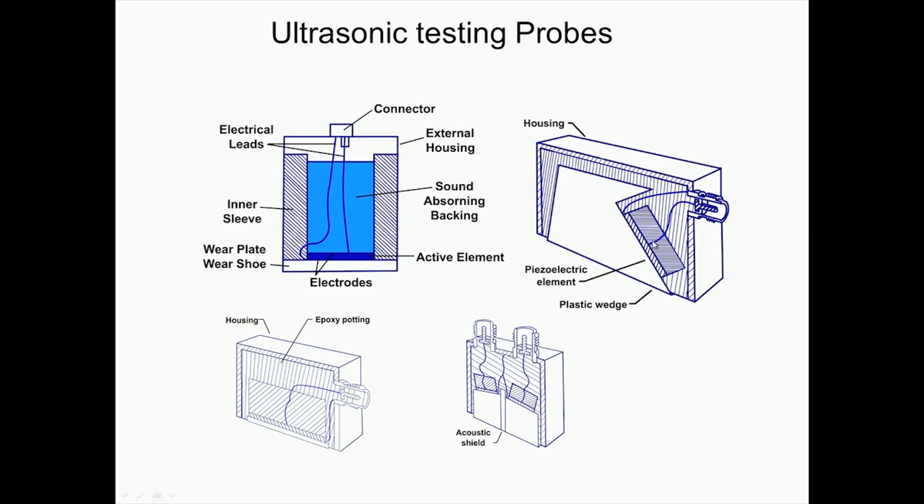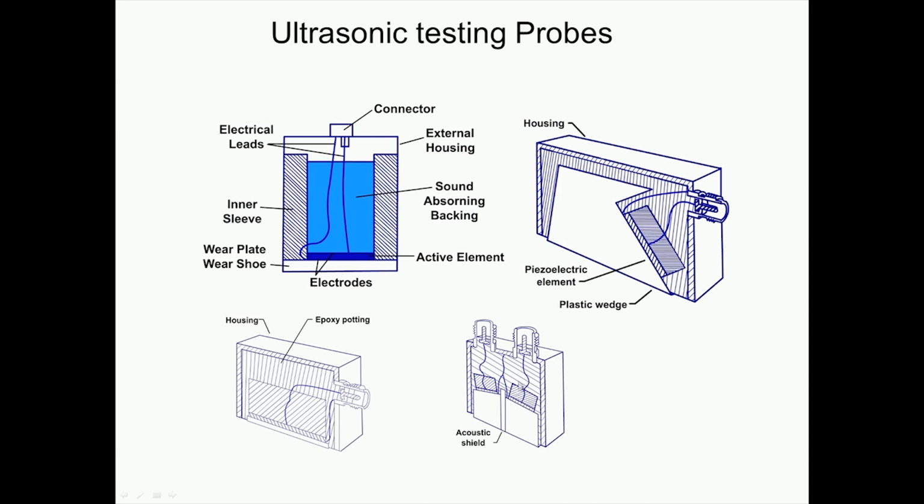Okay. So, this is how an angle probe is built, and in this case you could see there are two elements. Here it is only one element, here also it is a single element, but in this case there are two elements, and for these two elements there are two separate connectors and two separate leads. So, this is the dual element probe that I talked about some time back while talking about dead zone.